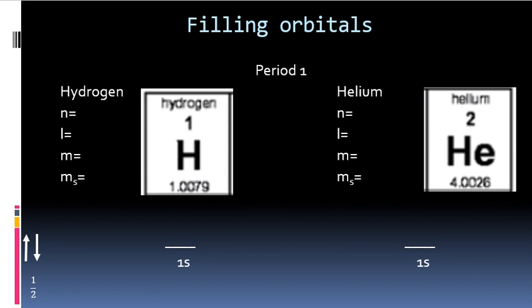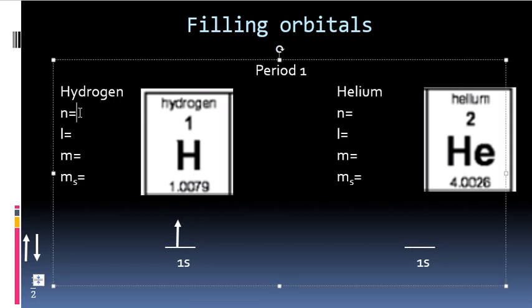So, cool. We have, for something like hydrogen, only one electron to work with. And we can represent that with simply an arrow that is pointed straight upwards, using that first and only electron to fill the 1s orbital.